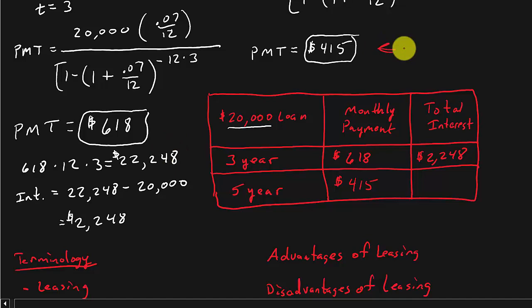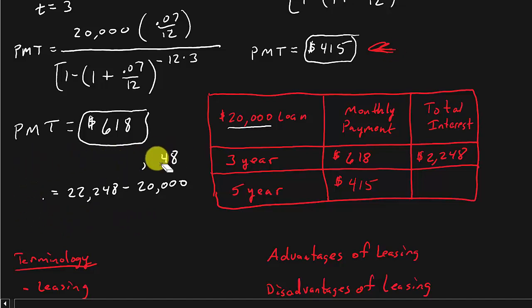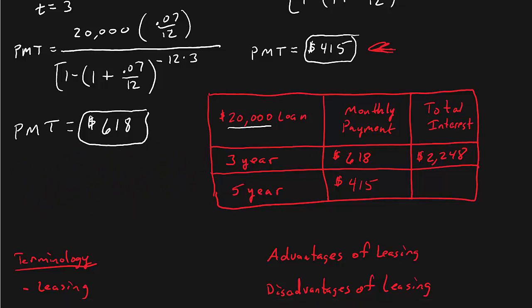So with this loan here, we're paying quite a bit less every month. Let's see how that interest looks. This right here could be helpful when you go out to buy a car. You can calculate all this stuff and see which one works out best for you. So I've got the $415, and I'm paying it every month.